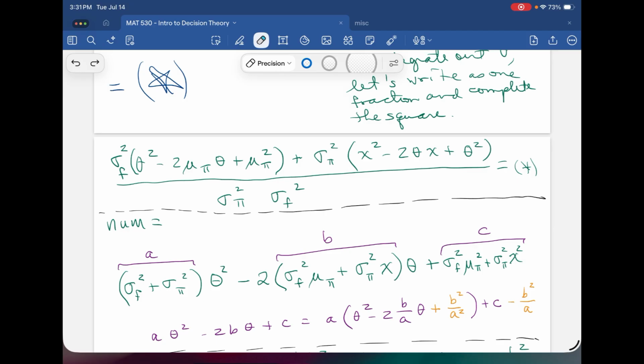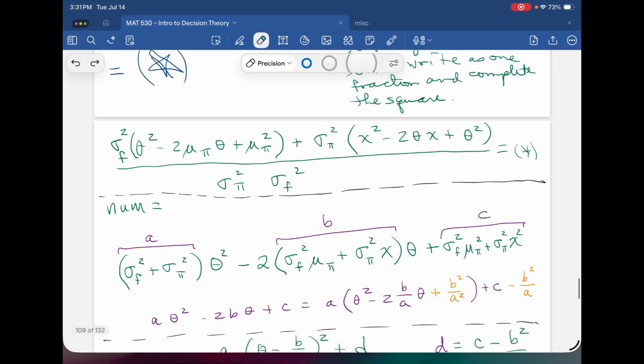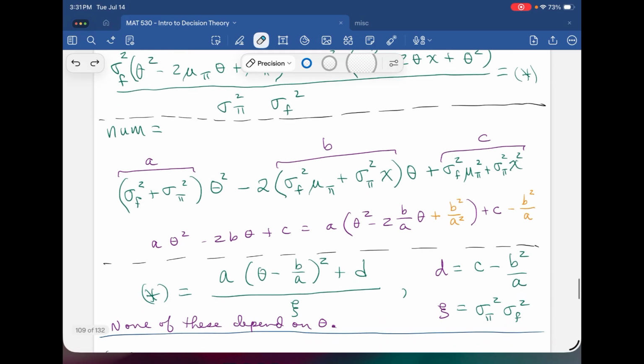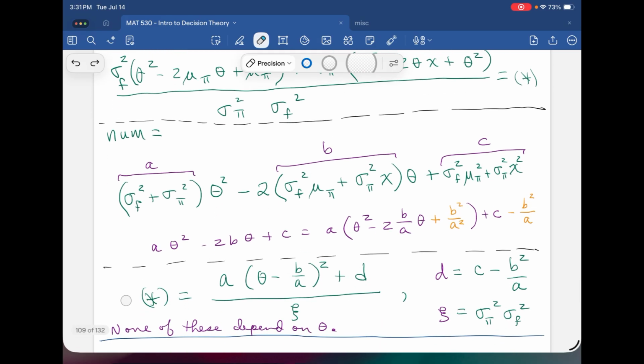So in terms of theta, later on whenever we do our integration, those are essentially constant. So then we have a theta squared minus 2b theta plus c, and then we just do the steps to complete the square, and what we get is what we see here.